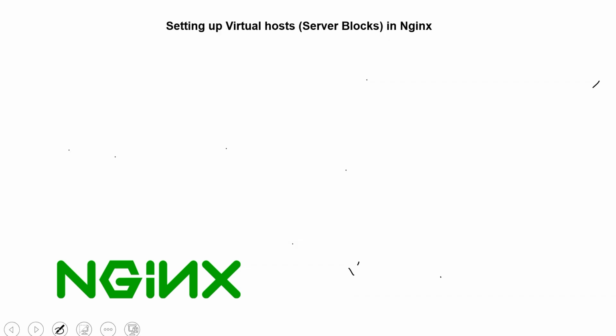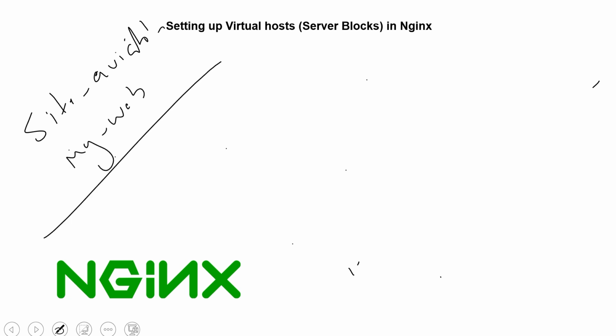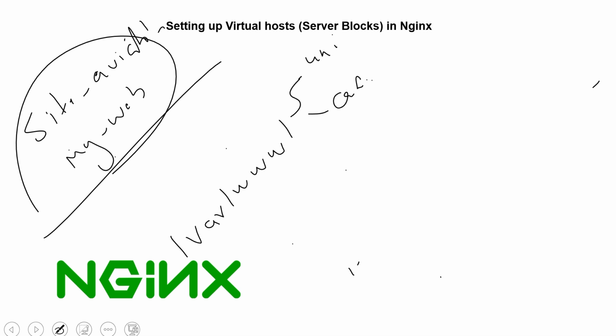How does it work? We made a configuration inside sites-available by the name of my web. These are our two website configurations. They are calling a path of /var/www, and we have two folders, one is university, one is coffee, listening to port 80.